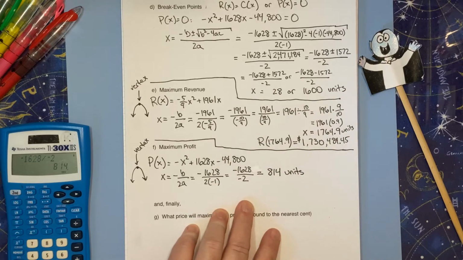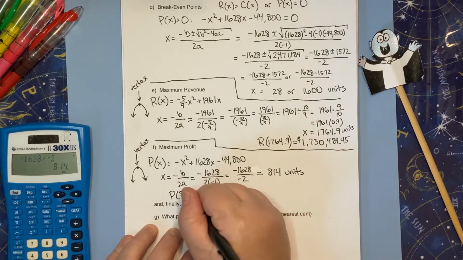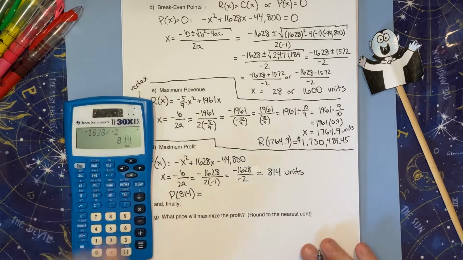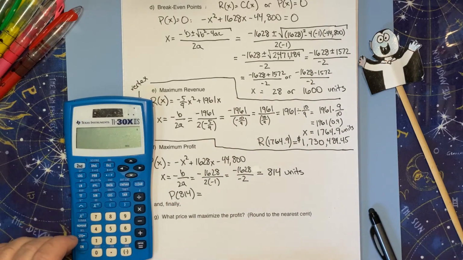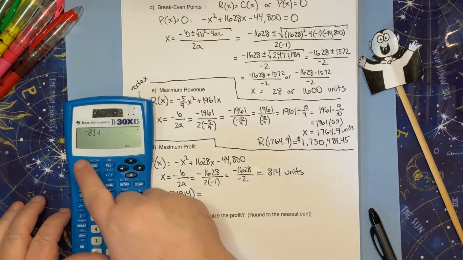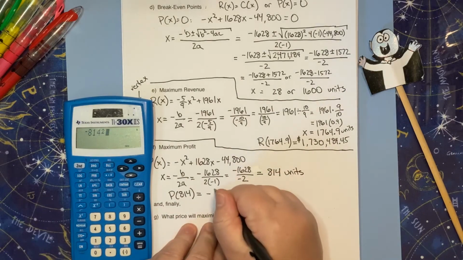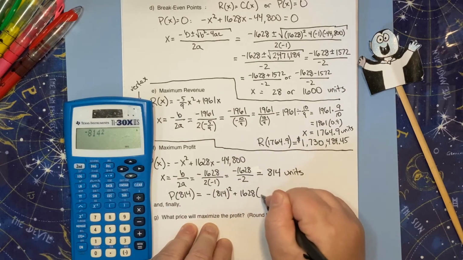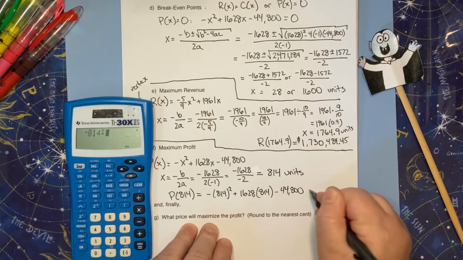I want the maximum profit. So I need to take the profit of that many units. Okay, so yet again, let's plug this in. I've got the opposite of 814 squared plus 1628 times 814 minus 44,800.